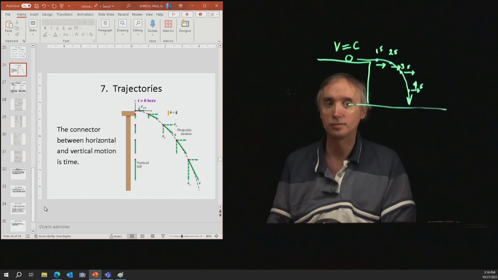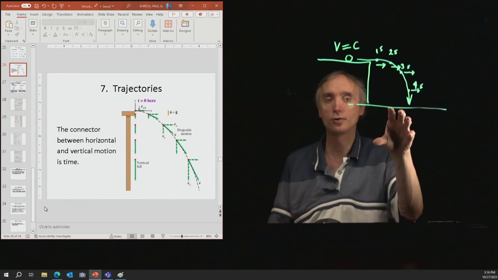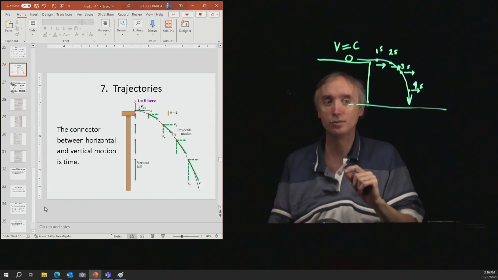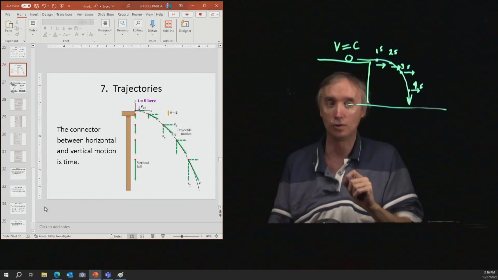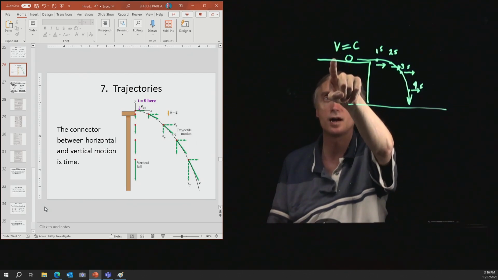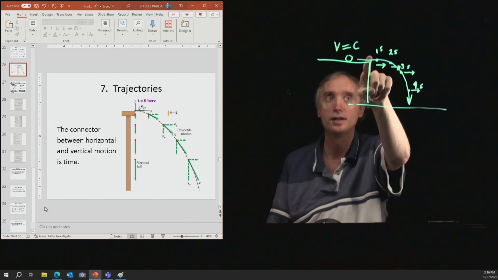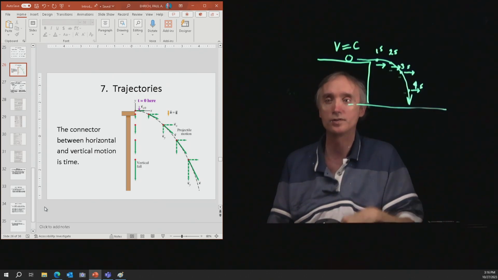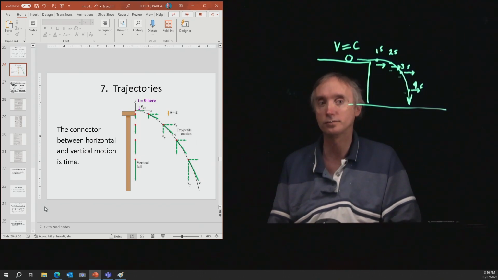An object moves at a constant speed as long as there's no forces acting on it. So are there any forces acting on this thing in the sideways direction? No. So whatever speed it's got when it's rolling on the table, that's the same speed it always has when it's going in the sideways direction.